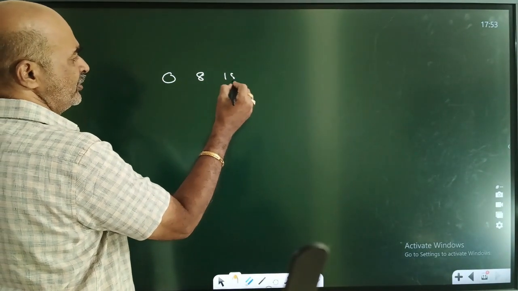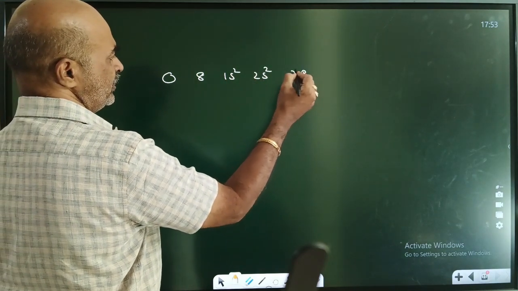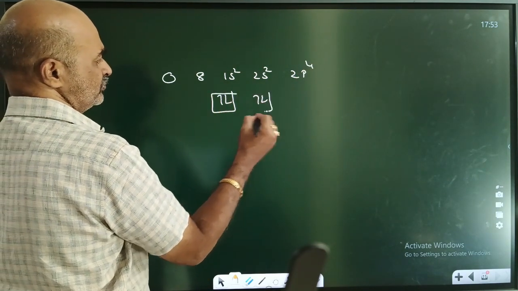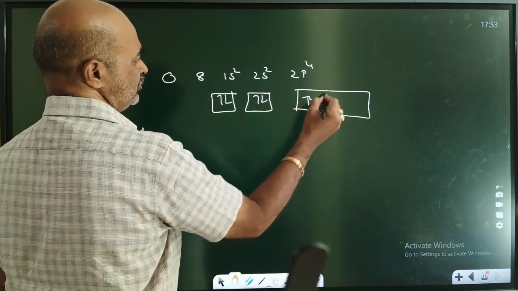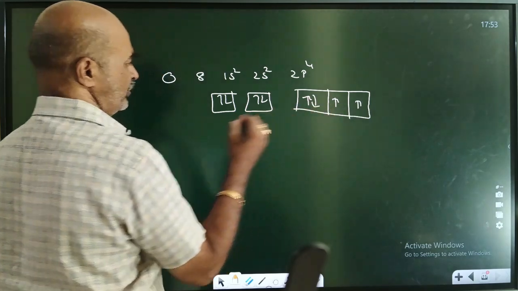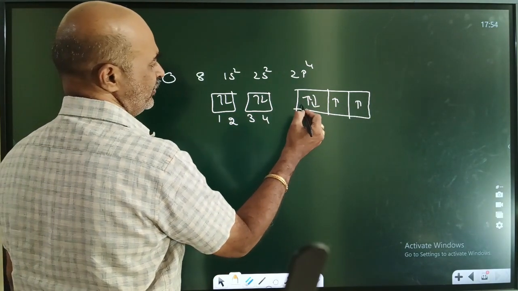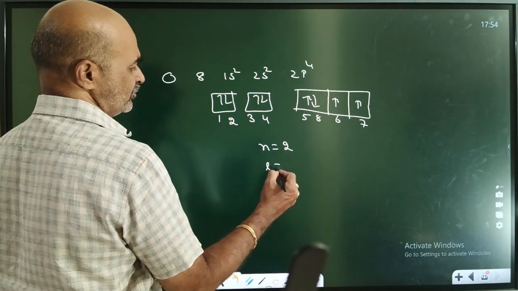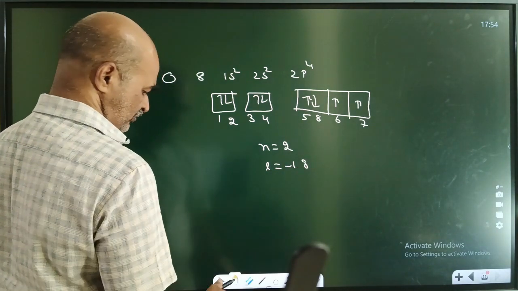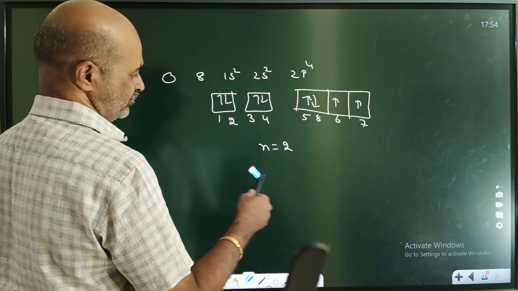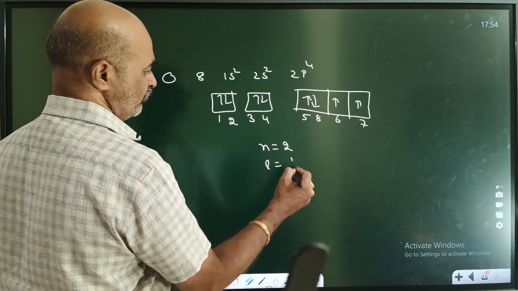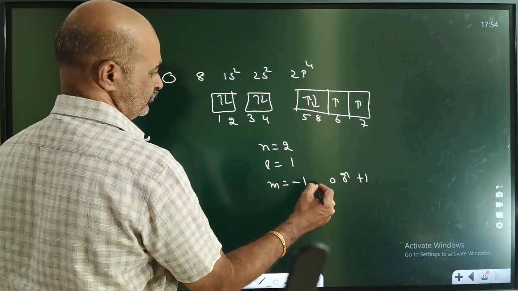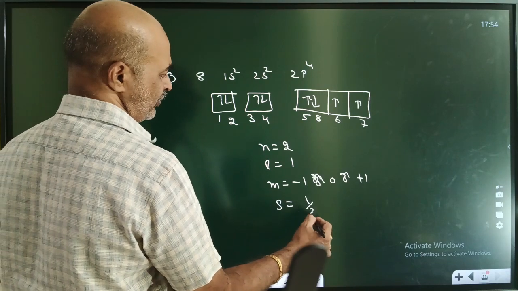Oxygen, atomic number 8: 1s2, 2s2, 2p4. The eight electrons: first, second, third, fourth, fifth, sixth, seventh, eighth electron. n is equal to 2, L is equal to 1, m is equal to minus 1 or 0 or plus 1, s is equal to minus half.